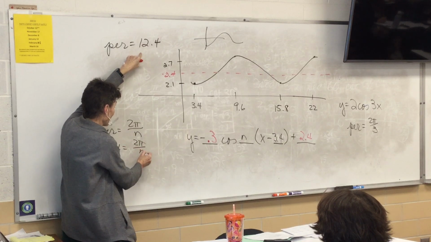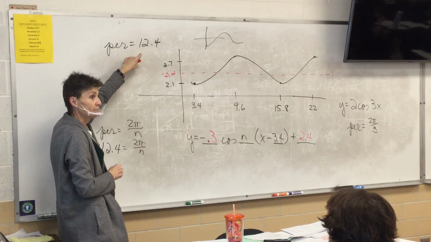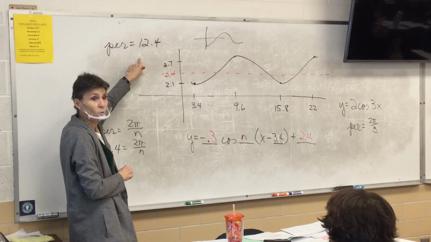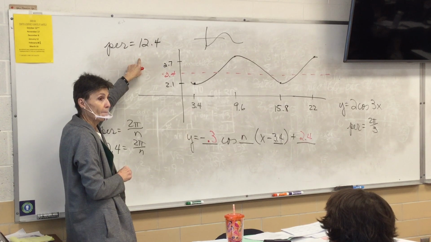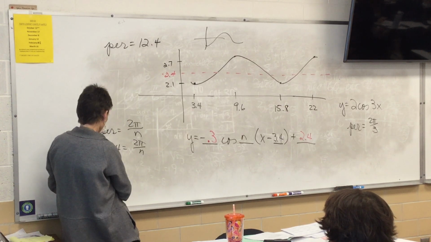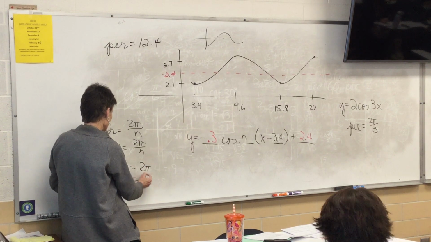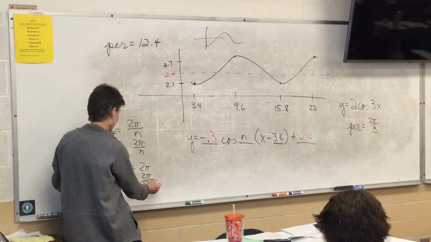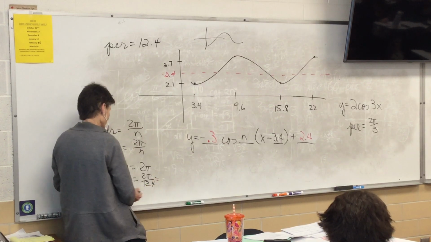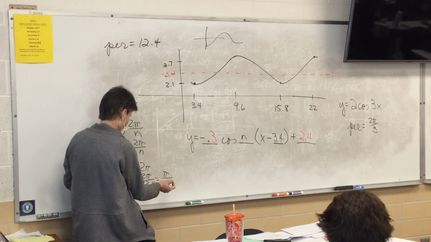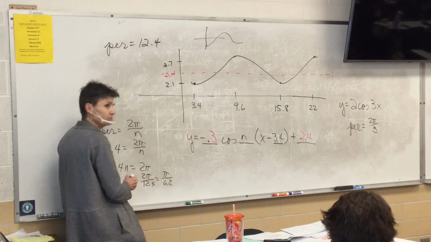So 2 pi divided by n gives me 12.4. So I'll solve this equation. And n is 2 pi divided by 12.4, which is pi over 6.2.